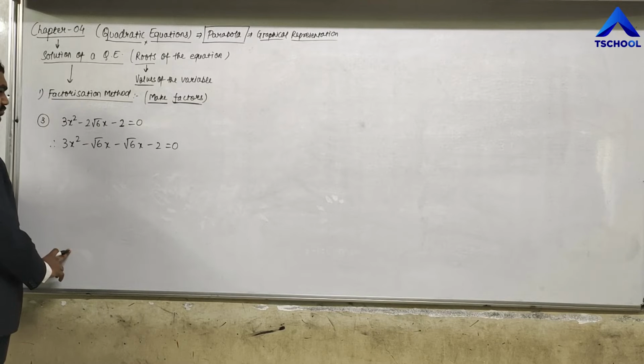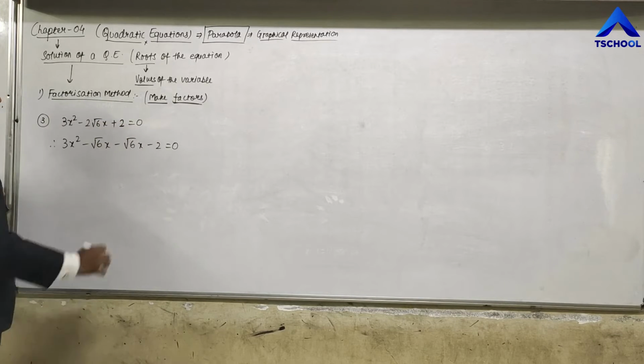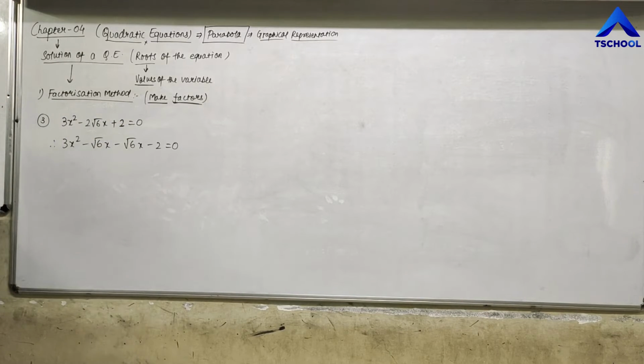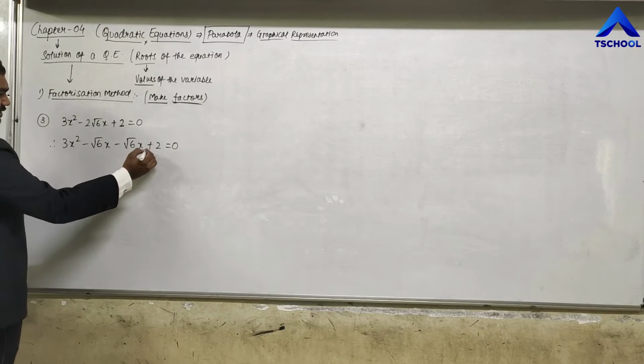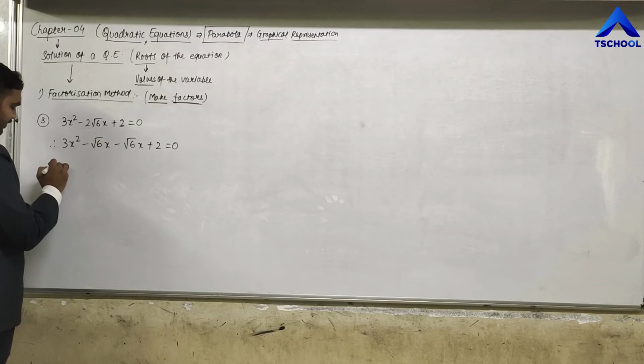See friends, here it might be plus 2. 3x square minus 2 root 6x plus 2 is equal to 0. So it is now getting the factors.